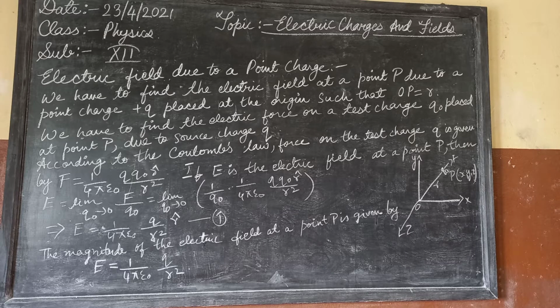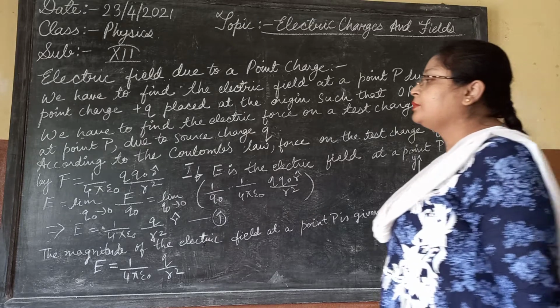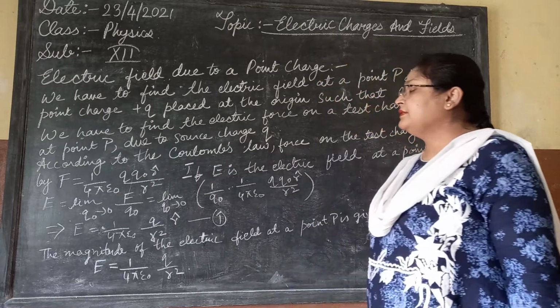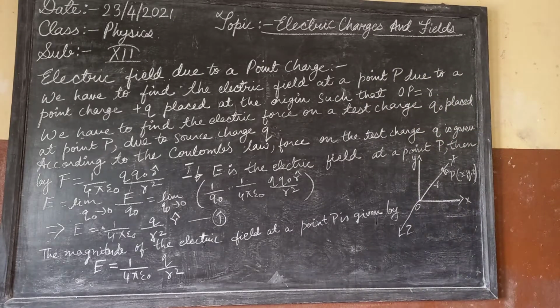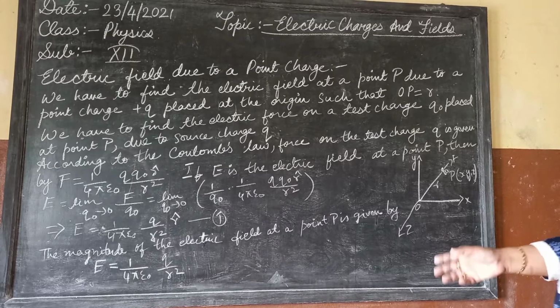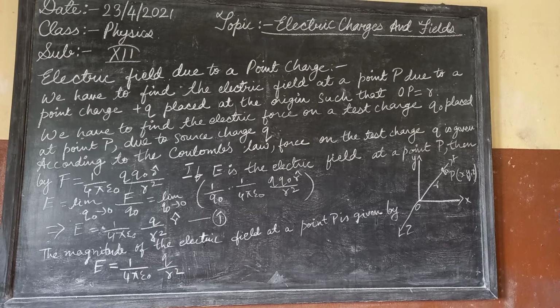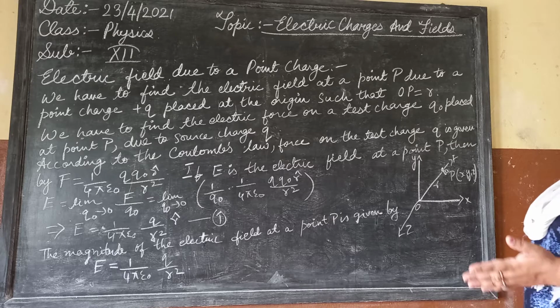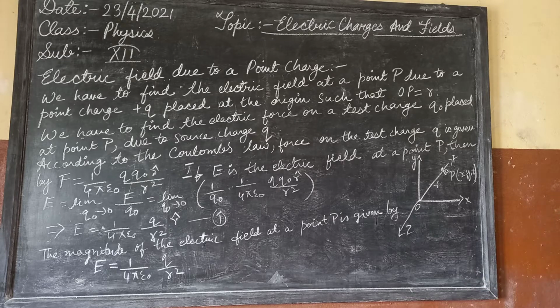According to Coulomb's law, F is equal to 1 upon 4 pi epsilon 0, Q1 Q2 upon R square, along R cap. Instead of Q1 Q2 we are taking Q Q0, because Q is the source charge and Q0 is the test charge.